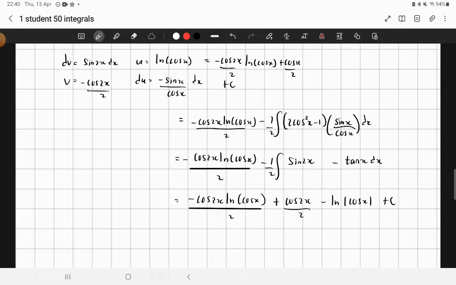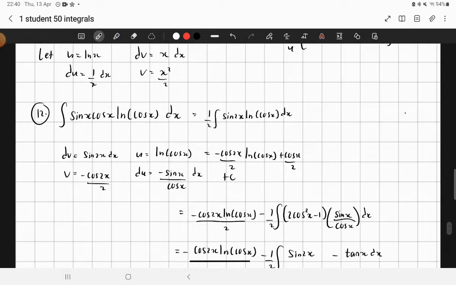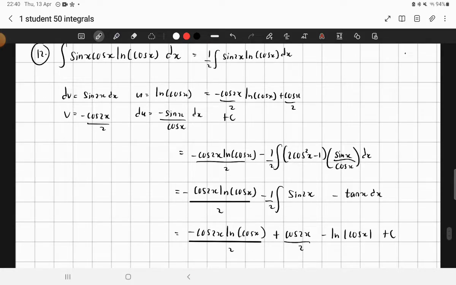So let me check again. Sine of 2x, yeah. Negative cosine of 2x, and I tried to express cosine 2x as 2 cosine square, so yeah, negative tangent, and then, did I make any mistake?